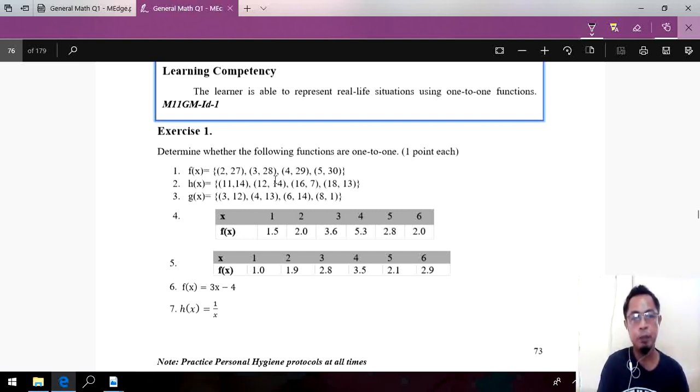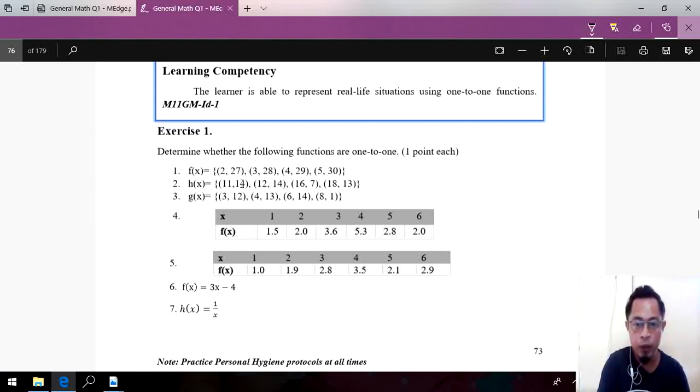How about for number 2? We have (11, 14), (12, 14), (16, 7), and (18, 13). Okay, let's try to inspect the domain. We have 11, 12, 16, 18. How about for the range? We have here 14, another 14, then 7, and then 13.